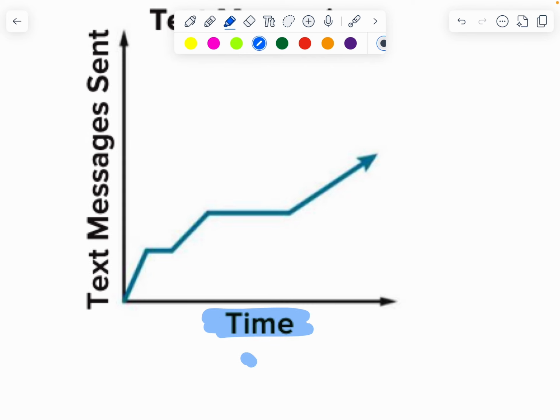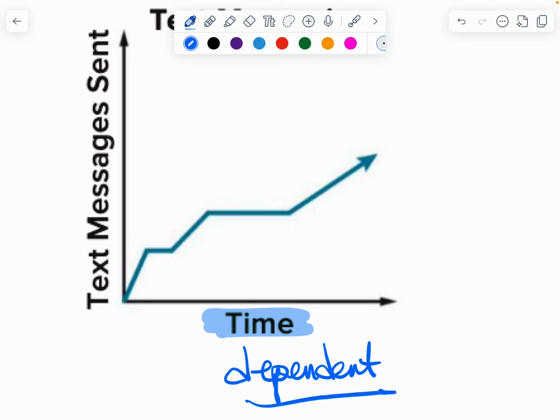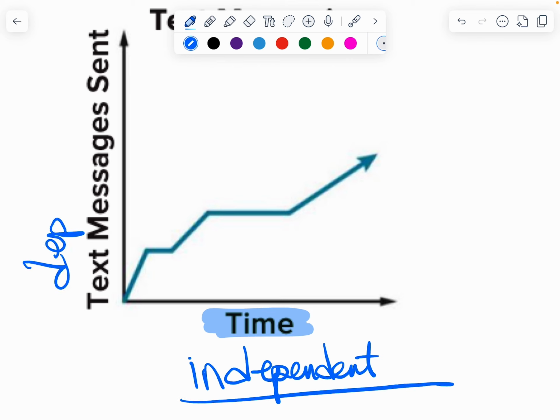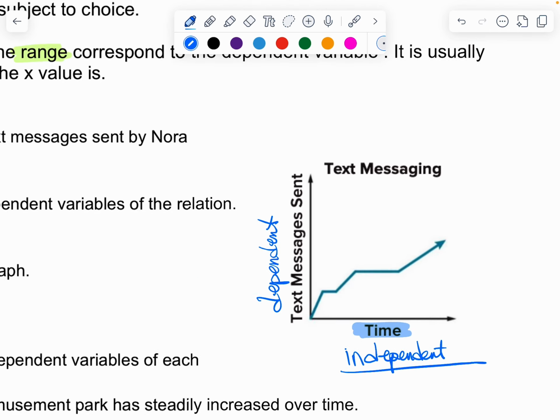Almost always, I did not mean to write dependent. Try that again. This is independent. This is dependent. There we go.